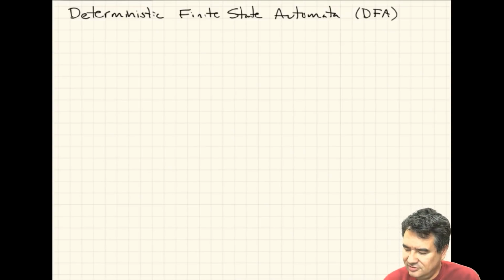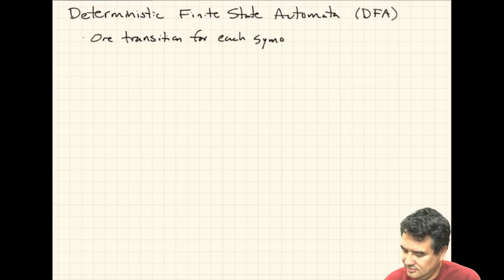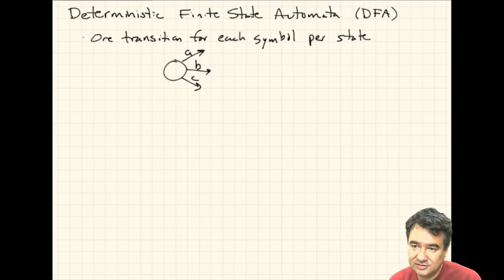Okay, so with a deterministic finite state automaton, there is one transition for each symbol per state. So, for example, if your alphabet is ABC and you've got a state, then you're going to have at most one transition out of the state for each symbol.